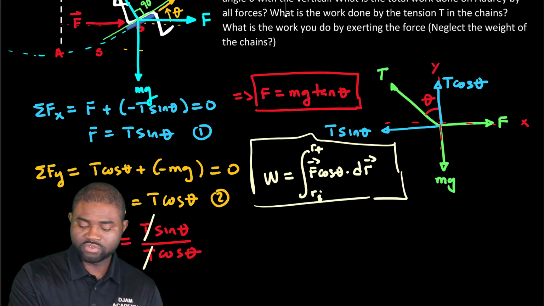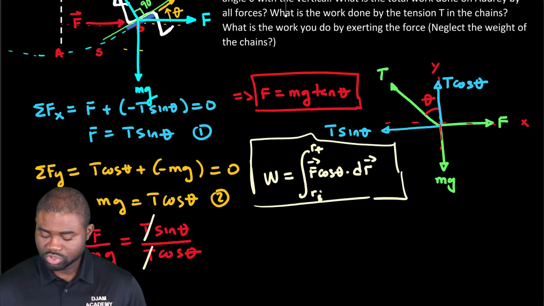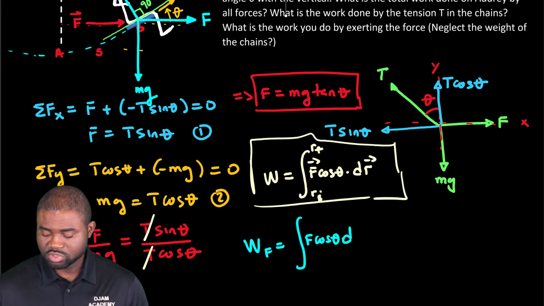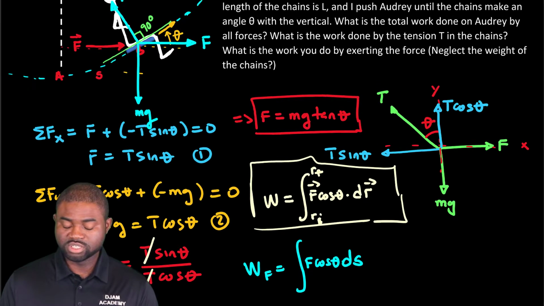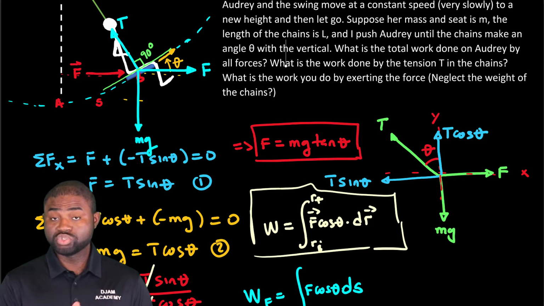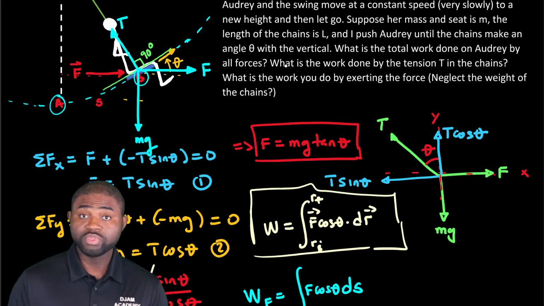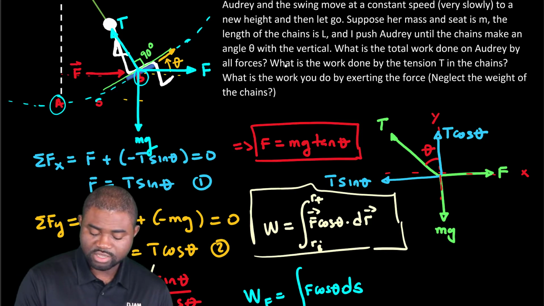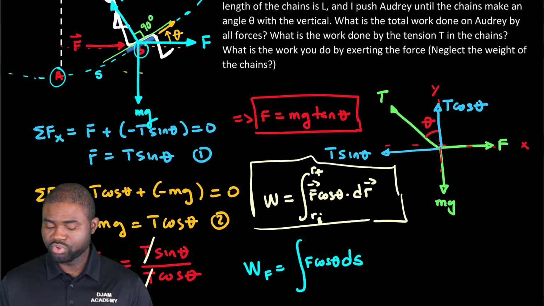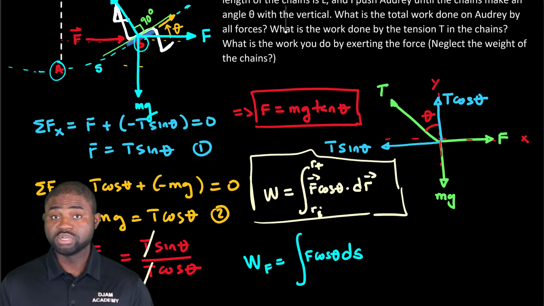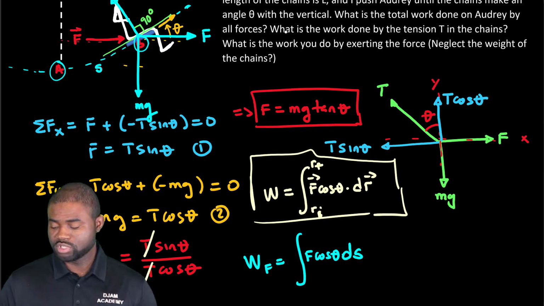To translate it to this particular scenario, the work done by F will be equal to the integral of F cosine theta multiplied by ds, where s is the distance moved by Audrey from point A to point B. And that distance is this arc length S. Now there is a beautiful relationship between the arc length and the radius of the circle.